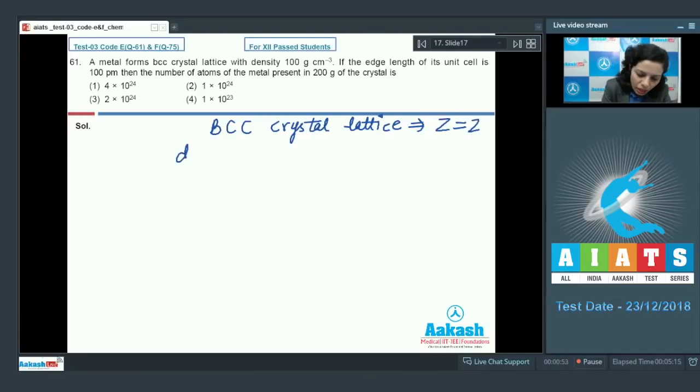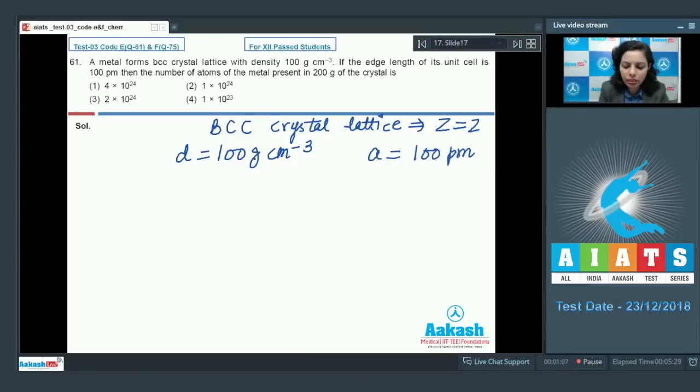The density we have, density is 100 gram per centimeter cube, and the edge length, that is a, is also given. This is 100 picometer. Density is given in gram per centimeter cube. Let's change this 100 picometer in centimeter also.